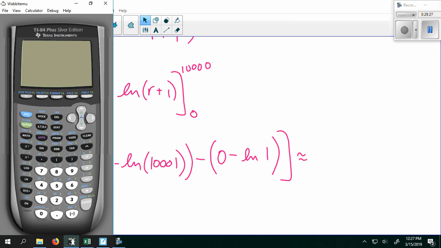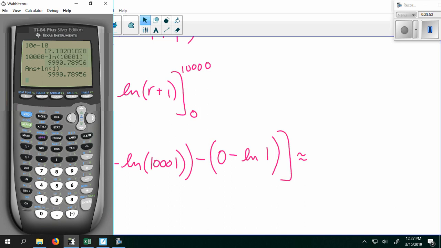10,000 minus the ln of 10,001. All right, and then I need to add the ln of 1, which is 0. I should have known that off the top of my head.